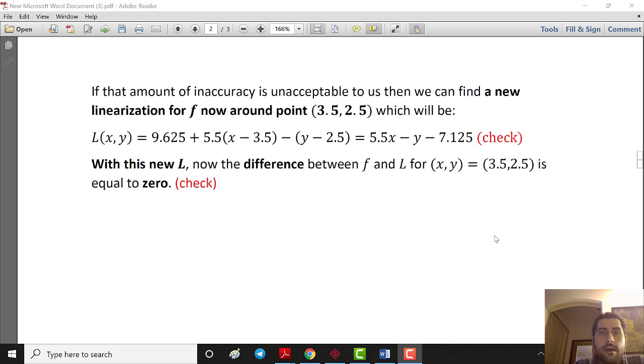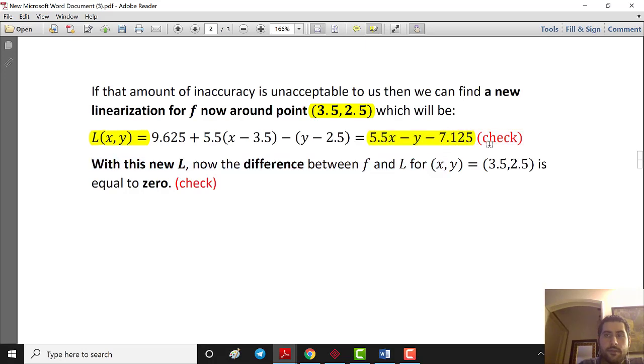this time around point 3.5, 2.5. If we find this new linearization around this point, we're going to reach L of x and y, this time equal to 5.5x minus y minus 7.125.